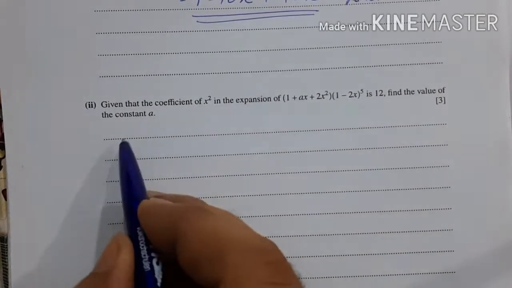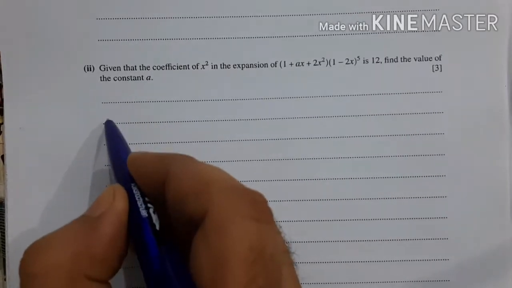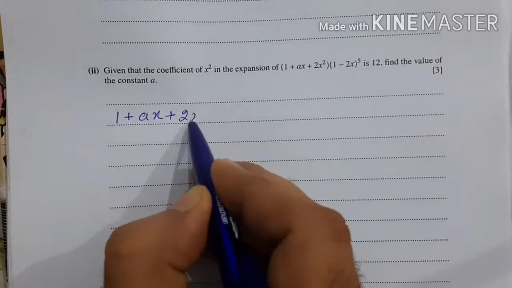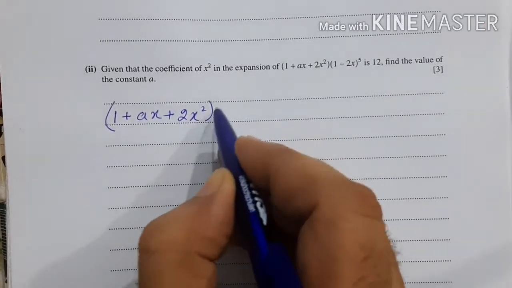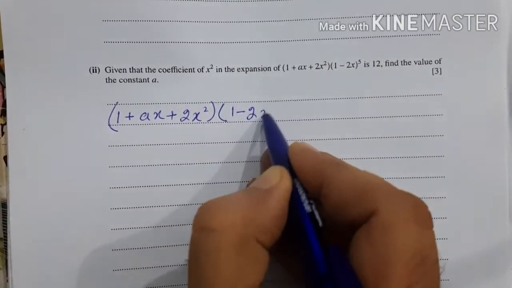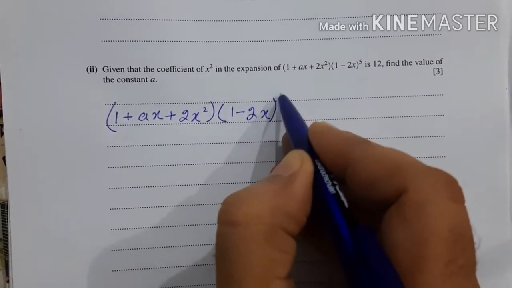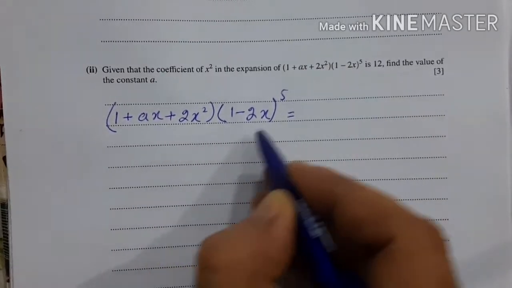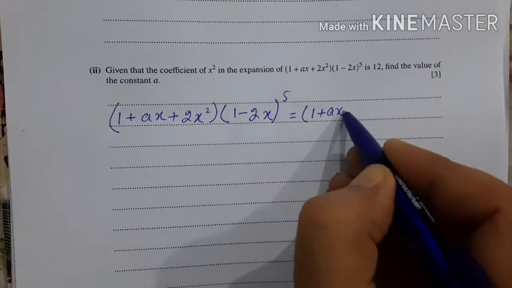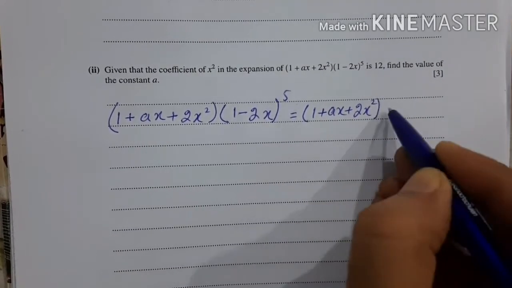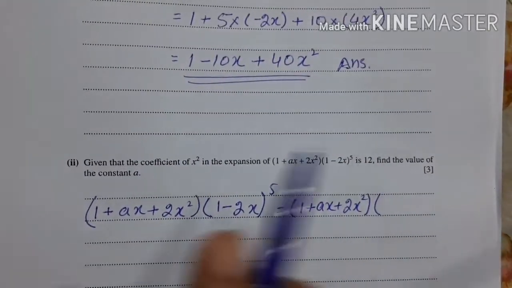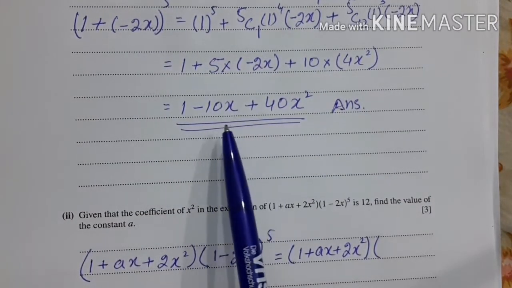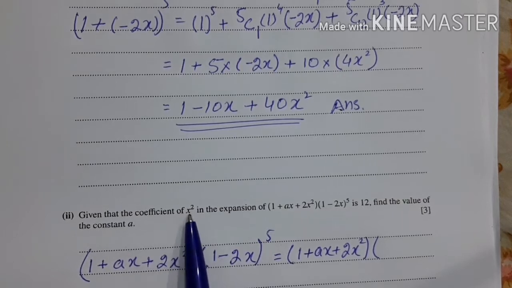Okay, so we got the expression (1 plus ax plus 2x square) into (1 minus 2x) power 5, which can be written with just these three terms of the expansion, so that we can get the expression involving x square.